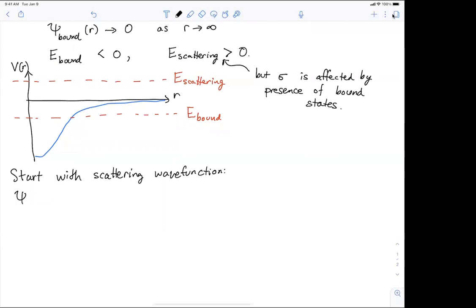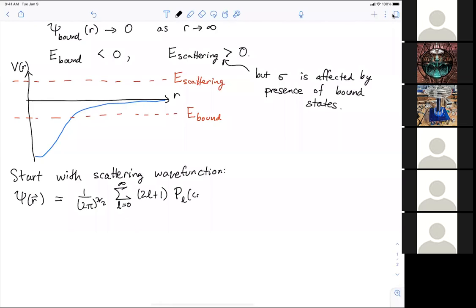So here's our scattering wave function. It's got some factors that are actually not going to be very important today. 1 over (2 pi) to the 3/2. And then there's a sum over angular momenta with a 2L plus 1, which will also not be important today. A Legendre polynomial, like so.